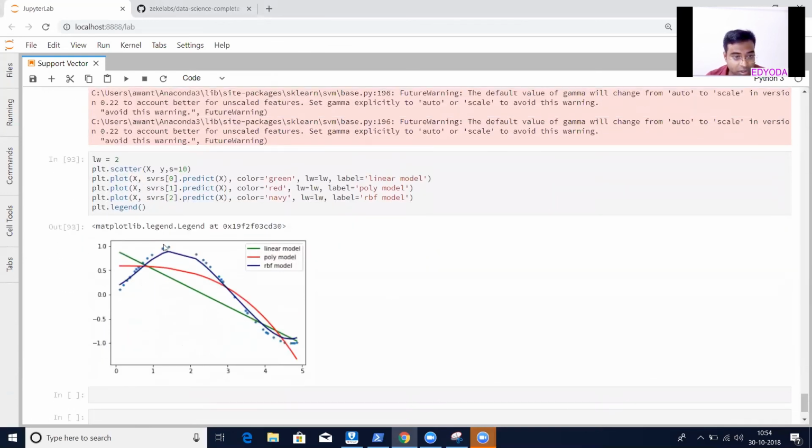As you can see, this is the data, the blue one. The green one is the linear model. The red one is the polynomial model. The blue one is the RBF model that you see here. Based on the relationship between the feature data and the target data, our model will be chosen and the kernel will be detected.